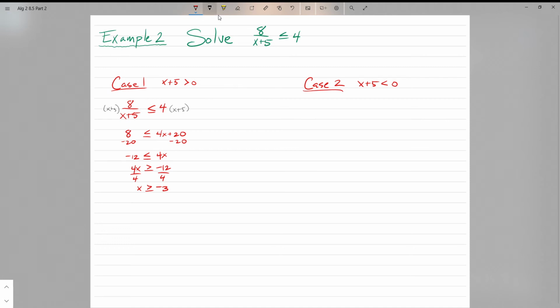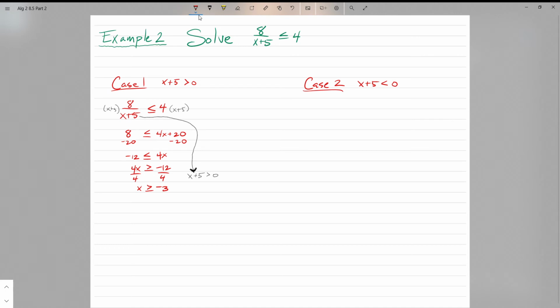Well, what you're going to have to do is take this denominator, and we had already decided that case 1 is when it was positive.